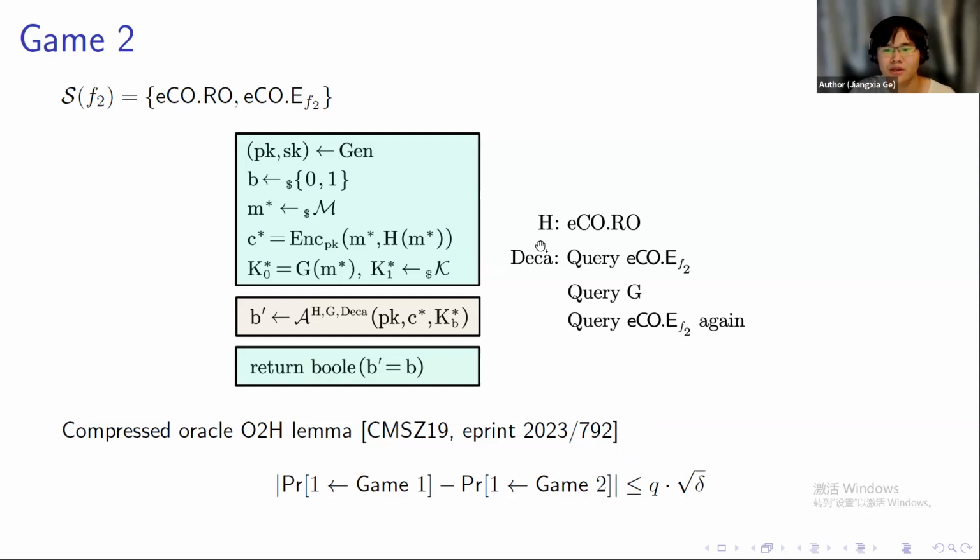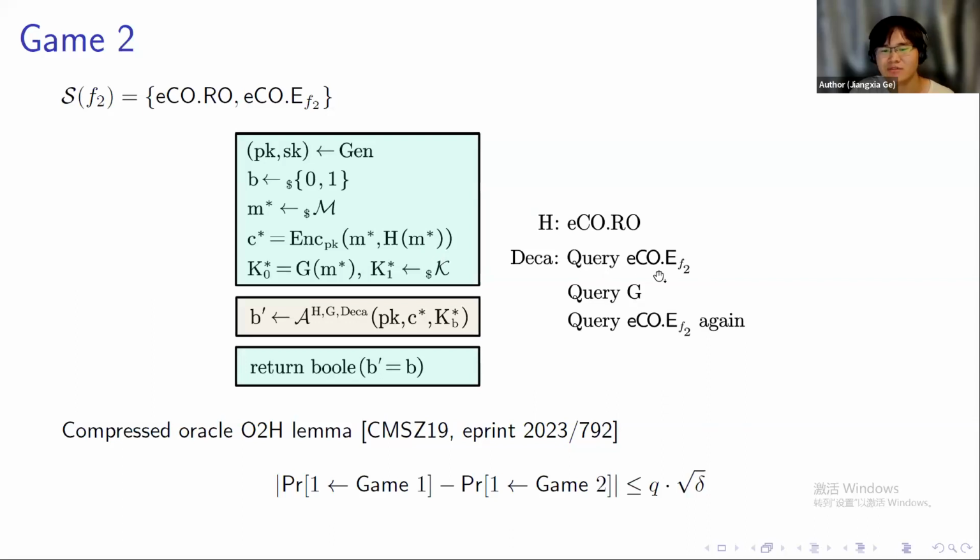So in game 2, the quantum random oracle H is simulated by the RO interface ECO.RO, that is to say, simulated by the compressed standard oracle. So the computation of the challenge ciphertext C star needs to first query the compressed standard oracle at point M star.